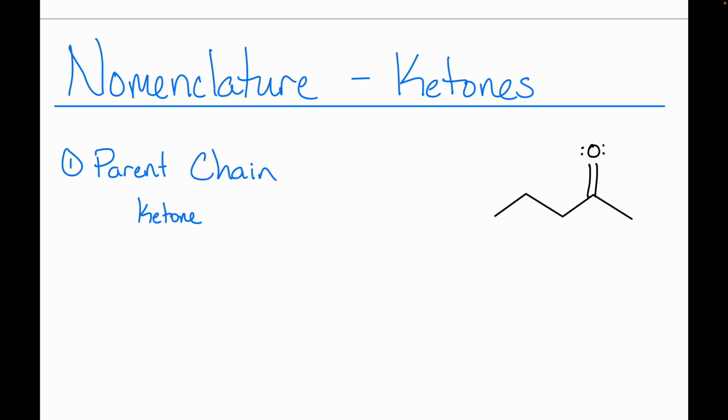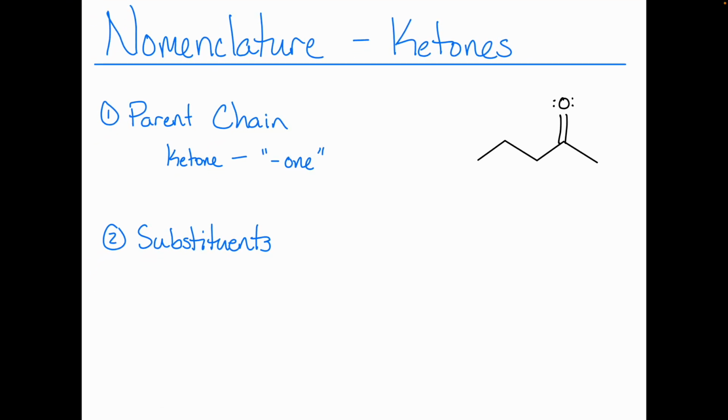We have a new functional group, ketones. They use a new suffix here, O-N-E. So a ketone has the ending -one. All right, we've got nothing new about how we're going to find and name our substituents. But now we move on to step 3, where we number our parent chain.